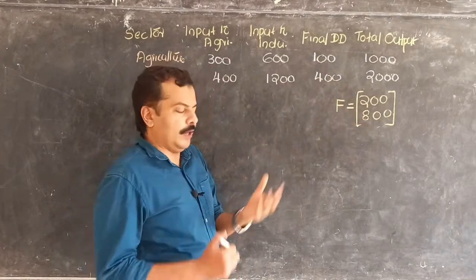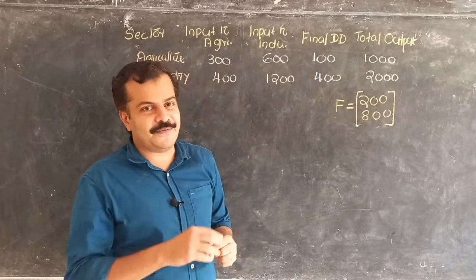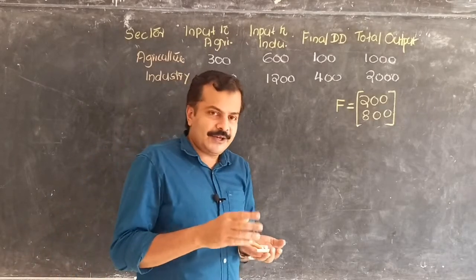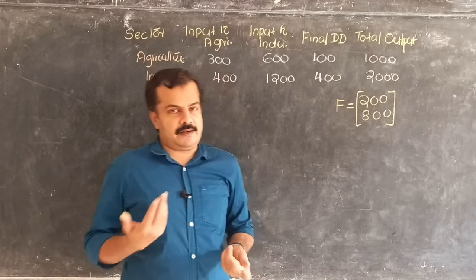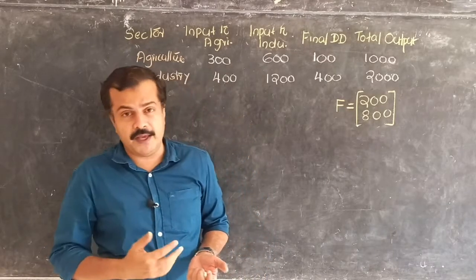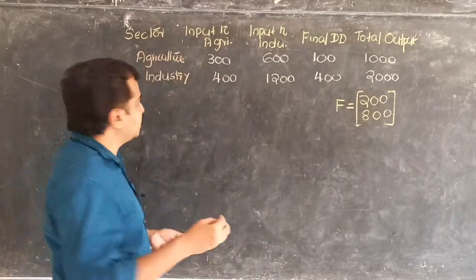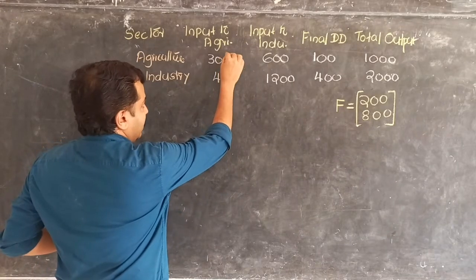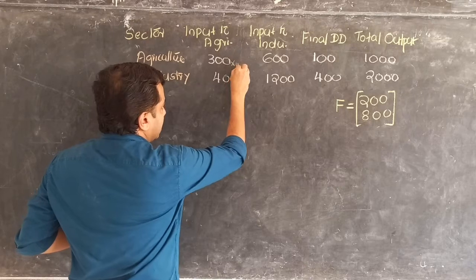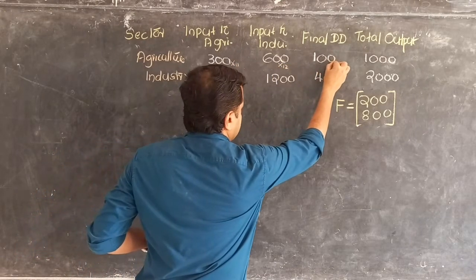How to calculate? For that, first we need to calculate the matrix of technological coefficients, the matrix A, which is also called the input-output coefficient matrix, and which is obviously the first step in solving an input-output model. So let me put 300 as x11, this is x12, and this is f1.